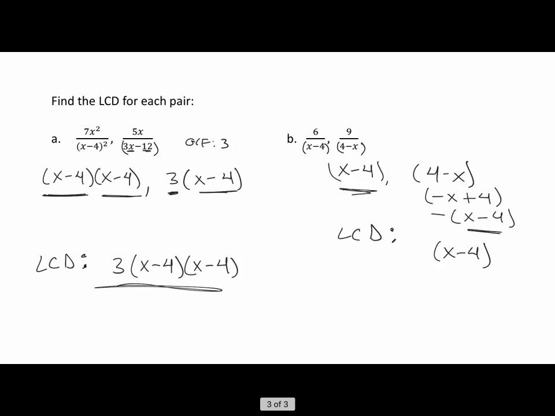So we need 1 factor of x minus 4 and 1 factor of a negative 1, or just negative. So be careful with those. If the terms are exactly the same except for the negative sign, like the order is switched in a subtraction, then they're only different by a negative. So we can factor that out. And our LCD will be much smaller than if we just took the product of those two. So it'll be easier to work with instead. So this would be the preferred LCD in that circumstance.